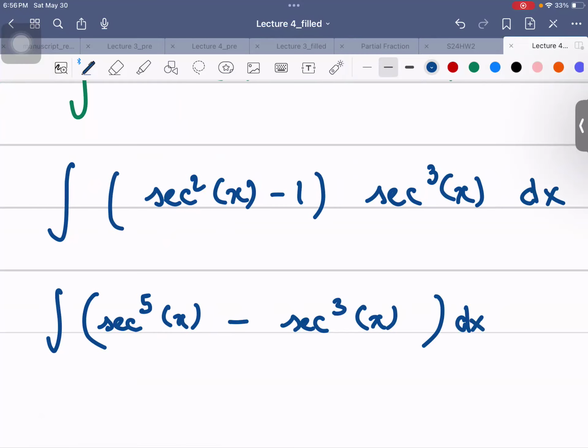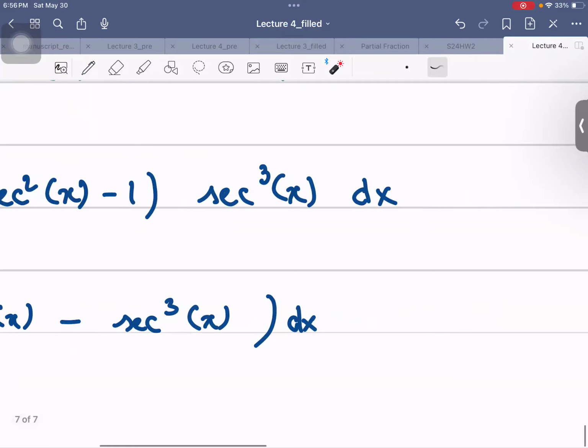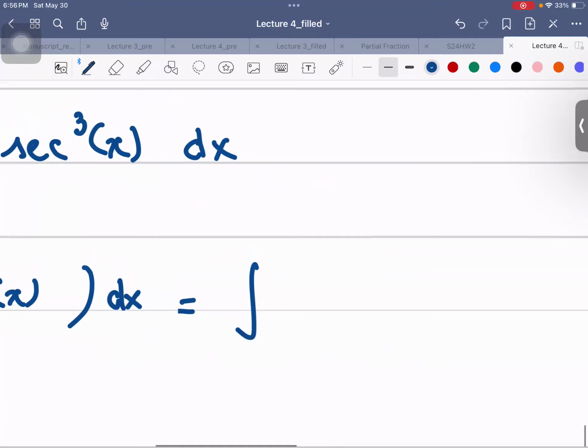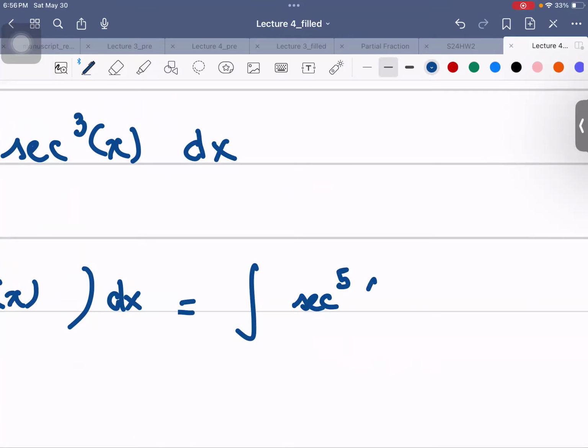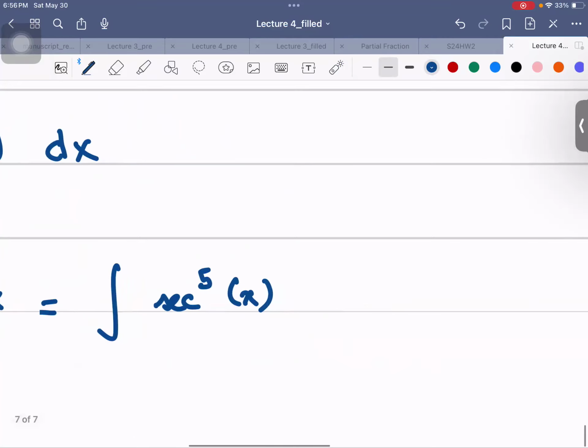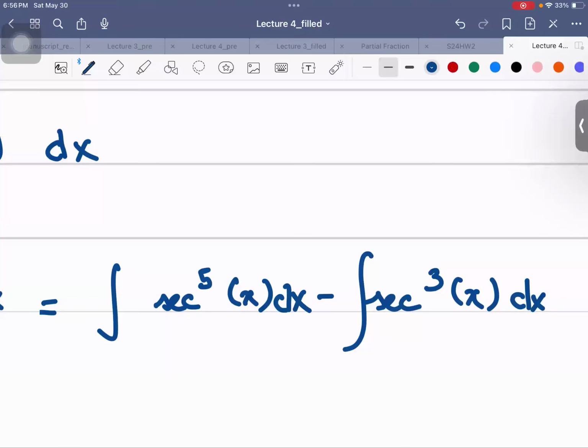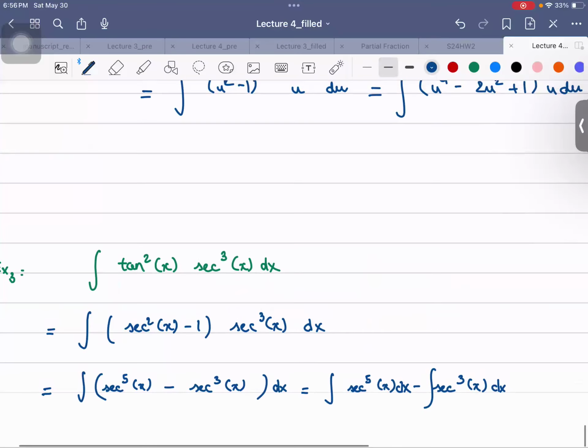This is the integral of the subtraction, so it turns out to be the difference between integrals: secant to the power of 5 of x minus secant to the power of 3 of x dx. We have two separate integrals.